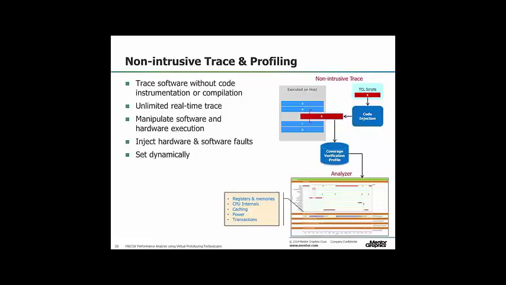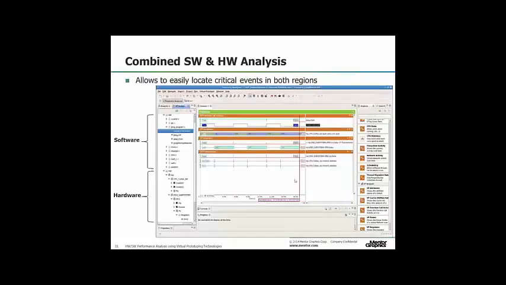So it's easy to target specific areas of software code that you may want to profile. By having it as a dynamic system, you can pinpoint problems and only collect the data that you're interested in, as opposed to instrumenting the whole thing and having a lot of data to analyze, which becomes overwhelming. This non-intrusive capability allows you to quickly pinpoint the bottlenecks without being overwhelmed.